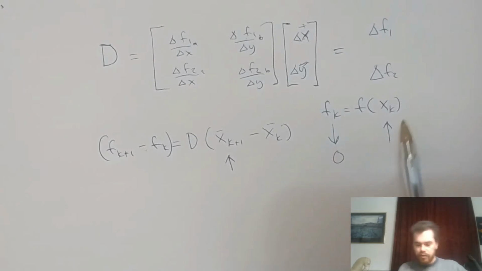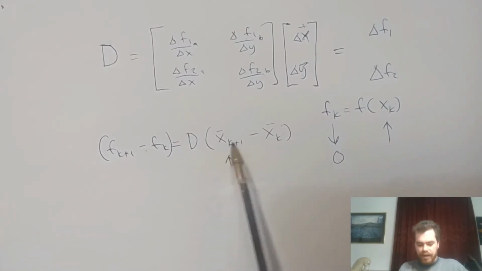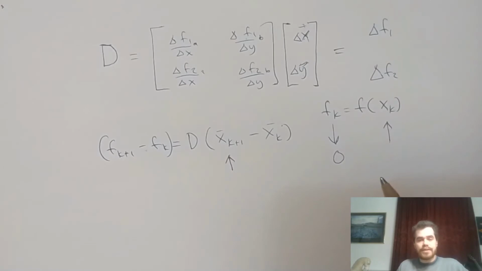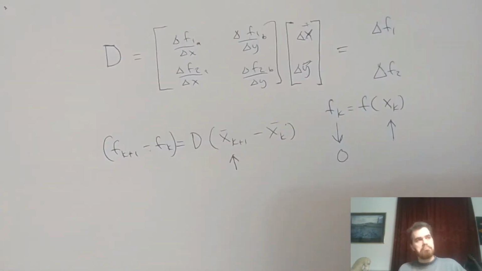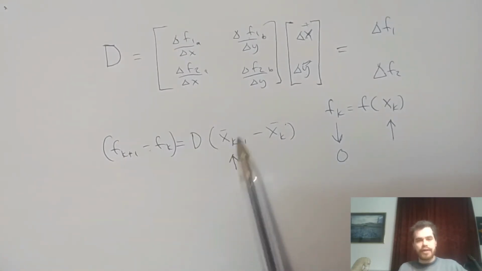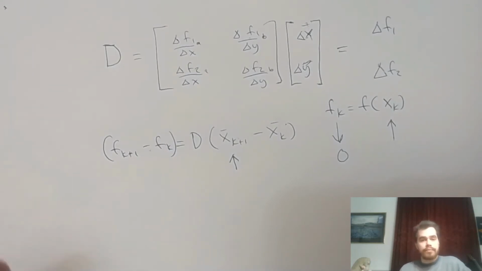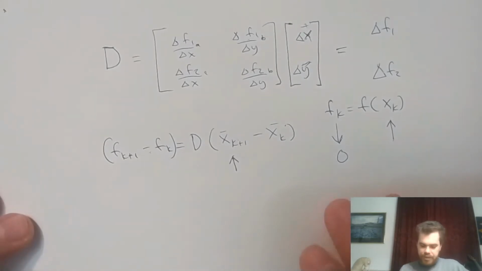If we think about that, we've got some pair of x and f k that should evaluate to 0. So if x k plus 1 was that vector x, then f k plus 1 would have to be 0. Well, let's try it out. Let's plug in 0 here, and then solve for x k plus 1 and see if it worked. That's the first step.